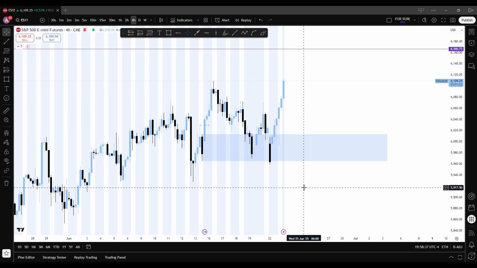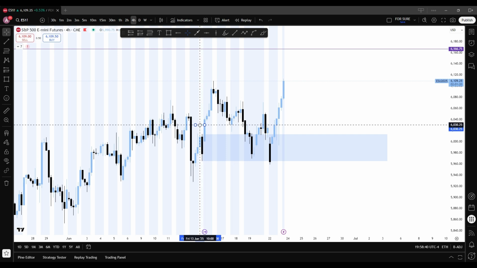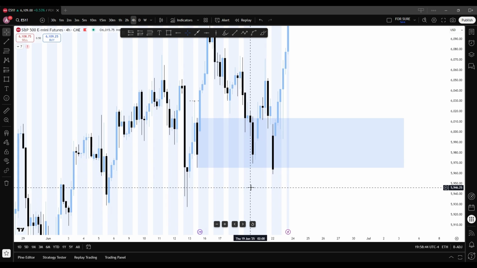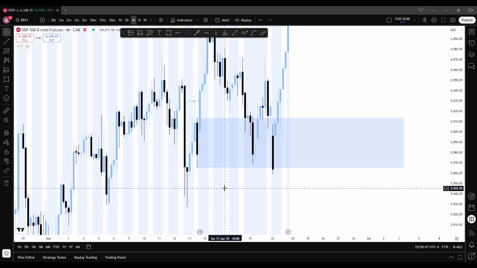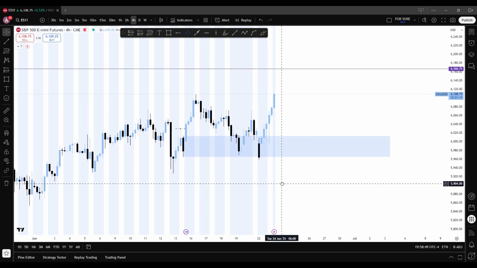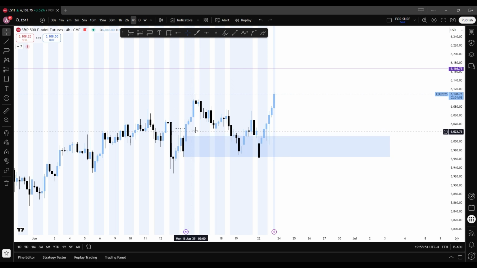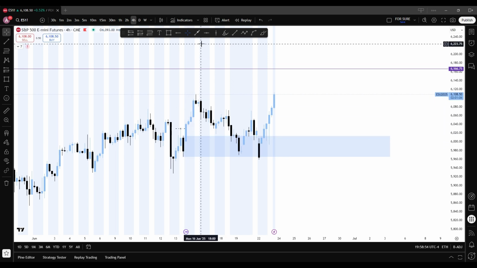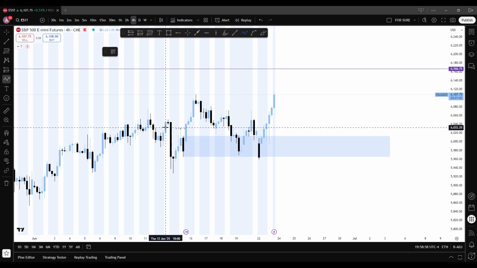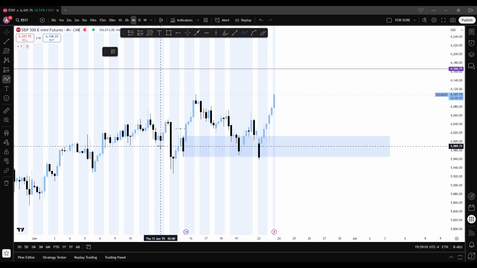This right here was a breaker structure. Let me move it to the side. This right here was a breaker structure. And guys, if you need help, if you don't really see it and you're wondering what the heck he is even talking about, always use your path tool. Pretty much all this is right here.